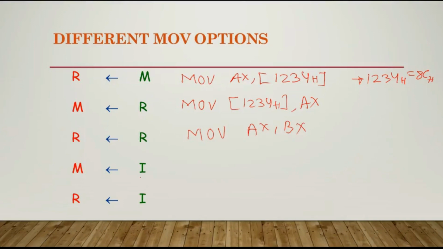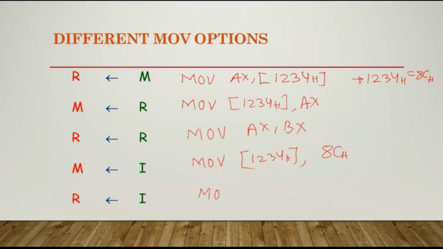Similarly, you can transfer immediate data to a memory location or immediate data to a register. The example could be move 1234H comma 8CH. So the immediate data 8CH is directly copied onto the memory location 1234H.